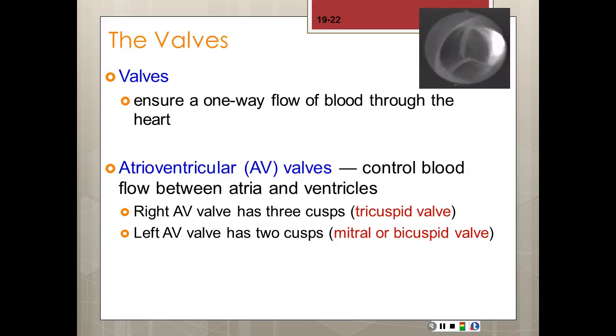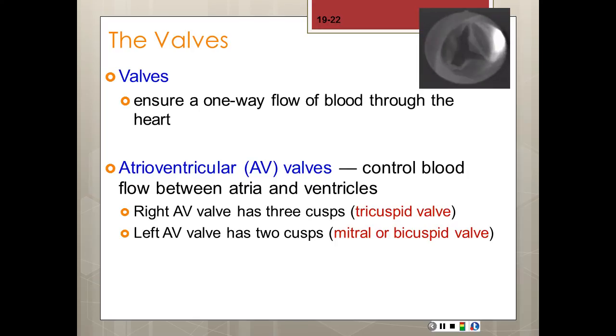The atrioventricular valves, or AV valves, are the ones that regulate the openings between the atria and the ventricles. So those are the ones you're going to find between the atria and the ventricles, and we have a right and we have a left.